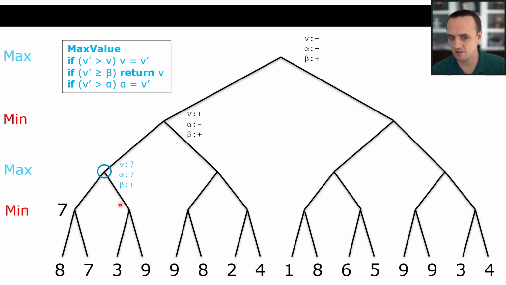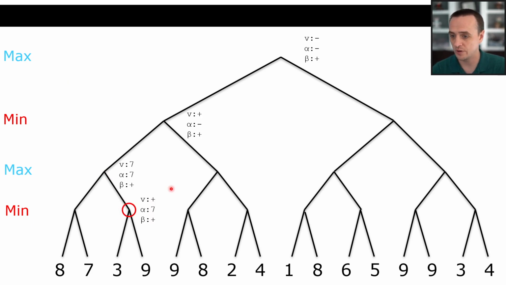And now we look here. So we have this as our current step. We currently do not have a terminal node, so we call minimizing. But look, this is our first example of where our value of alpha is no longer negative infinity, right? So the alpha value gets passed down.